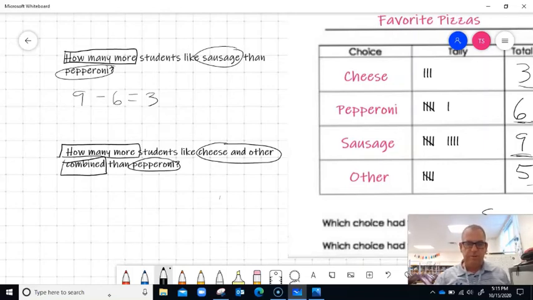So, there are 3 cheese and 5 other. And we already said this is an addition problem. What is 3 plus 5? Yep, 3 plus 5 is 8. What is the next step?